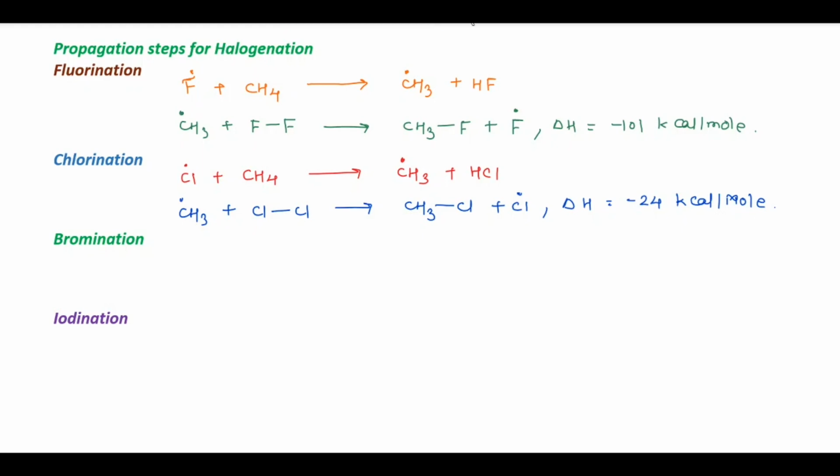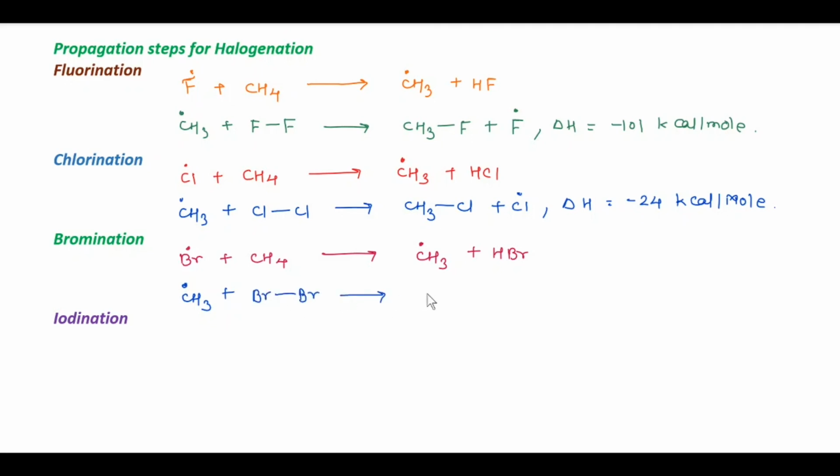Next we will see the bromination. In bromination, Br radical reacts with methane. It gives methyl radical plus HBr. This methyl radical further reacts with Br2 molecule.